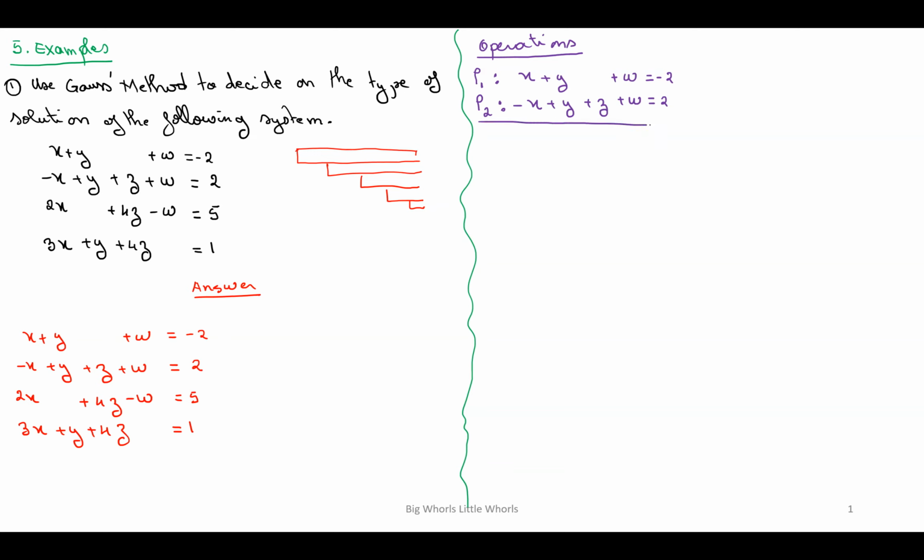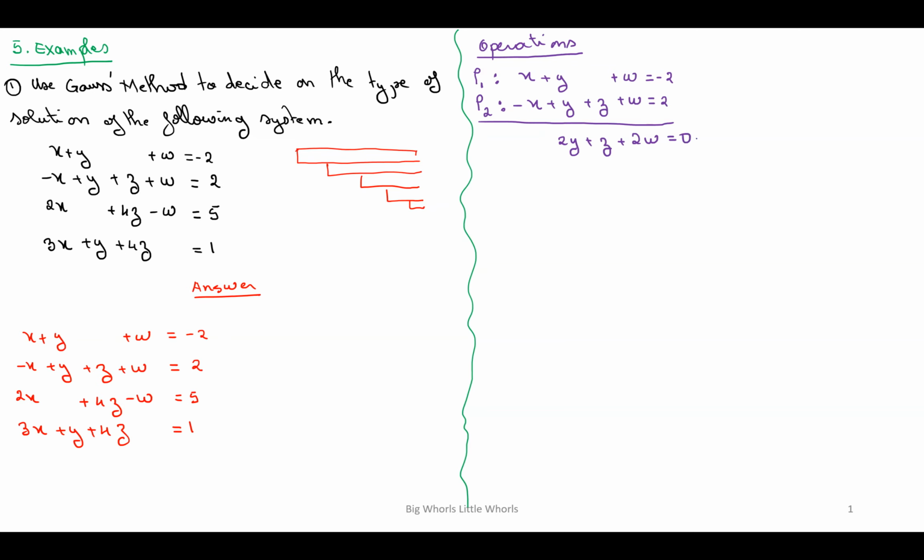So I'm going to add these two rows. So x minus x is 0. That's what I'm looking for because I want to eliminate the x in the second row. And here y plus y is 2y, 0 plus z is z, and w plus w is 2w equals 0.